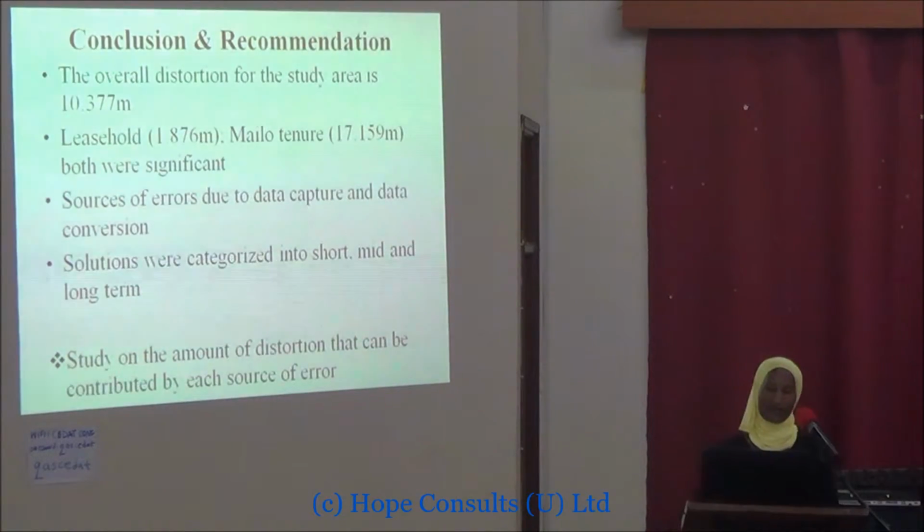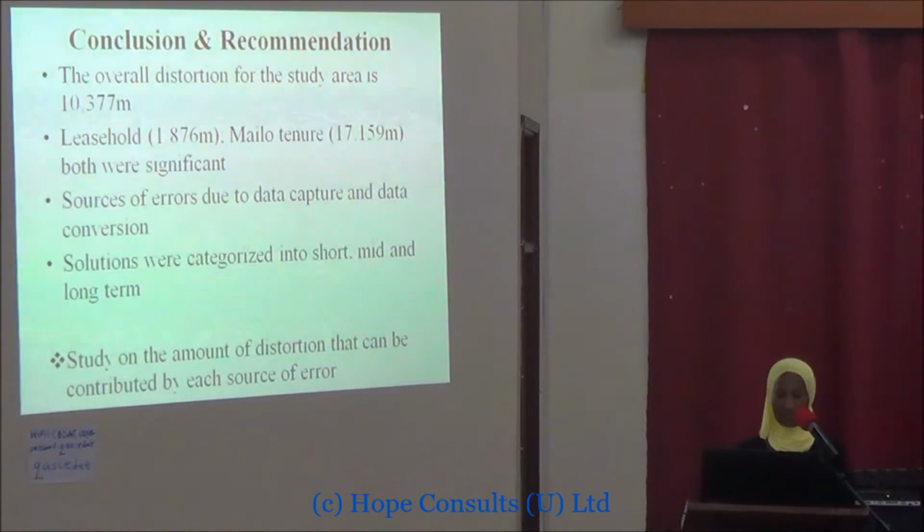The distortion in this one was significant compared to that of Milo. However, both of them are significant errors for purposes of mapping and referencing. The errors were categorized into data capture and data conversion, and the solutions are categorized into short, mid, and long term according to what was presented.